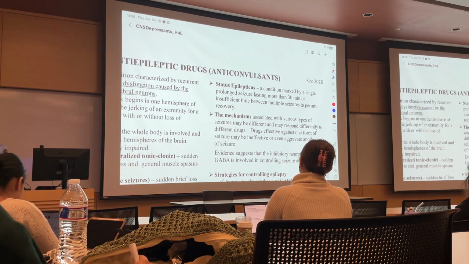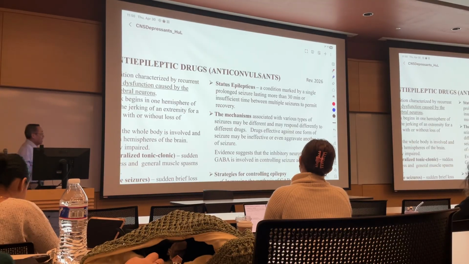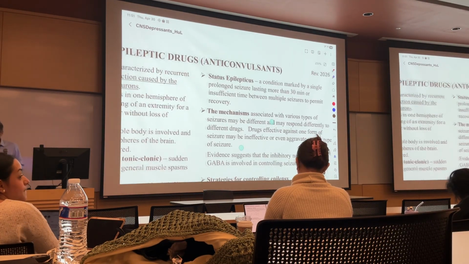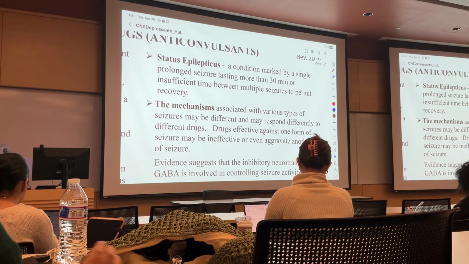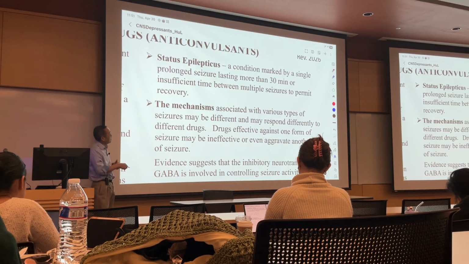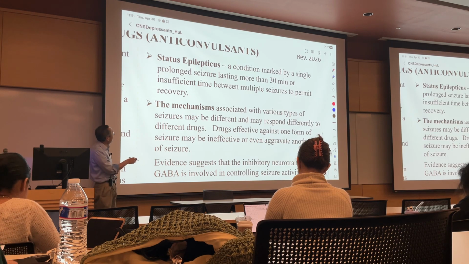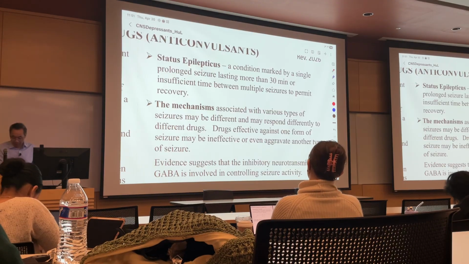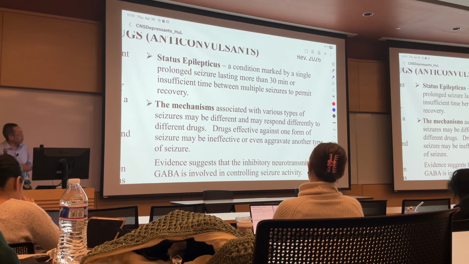And then there is also a very disabling, emergency situation. It's called status epilepticus. Status epilepticus is a condition marked by a single prolonged seizure lasting more than 30 minutes. Like the other ones that we mentioned, usually 5 minutes at the longest, and in grand mal seizures, 2 to 5 minutes.